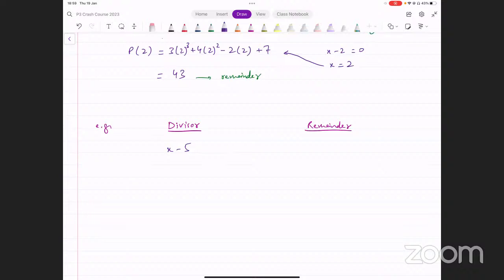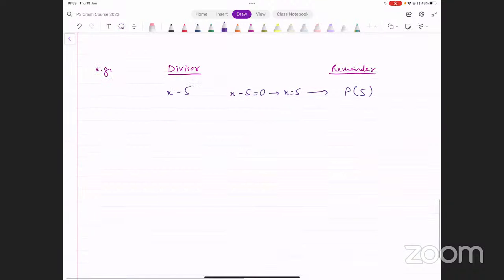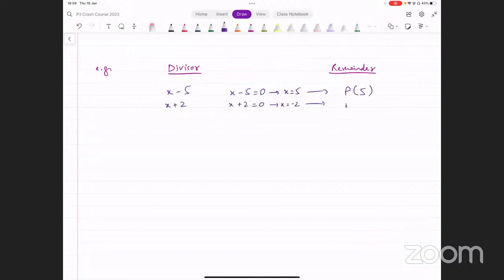And that is going to give us x equals 5. You'll input this in the polynomial, you'll find p of 5, that will be the remainder. Okay. Similarly, if you had another divisor, let's say x plus 2, what would you do? You would put this equal to 0. That gives you x equals minus 2. You input this in the polynomial, p of minus 2 would be your remainder.